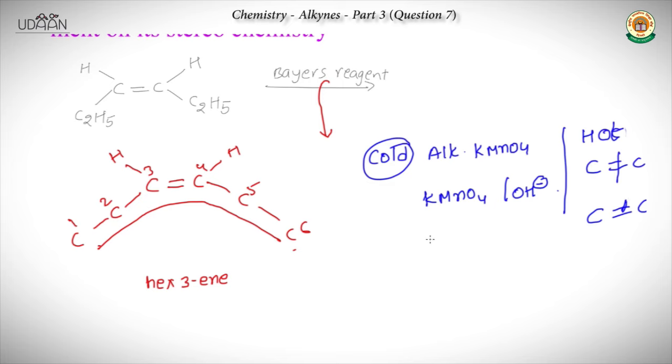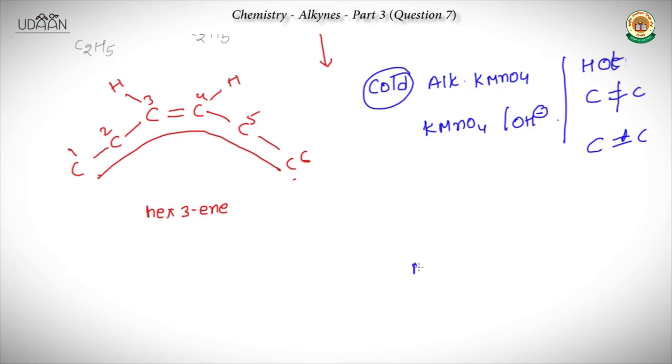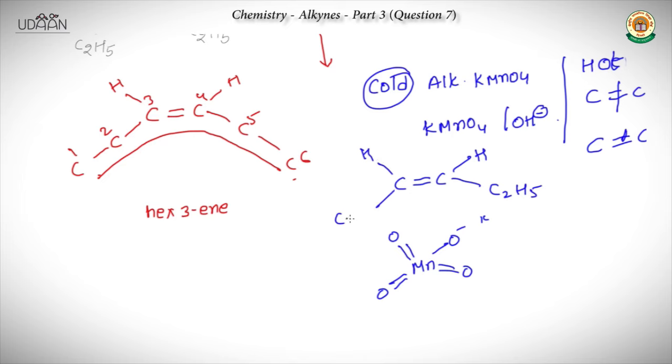Now, the structure of KMnO4 is Mn double bond O, O minus, double bond O. There will also be K here. Now you have this alkene, C double bond C, with C2H5, H, H, C2H5. Now syn addition occurs here.